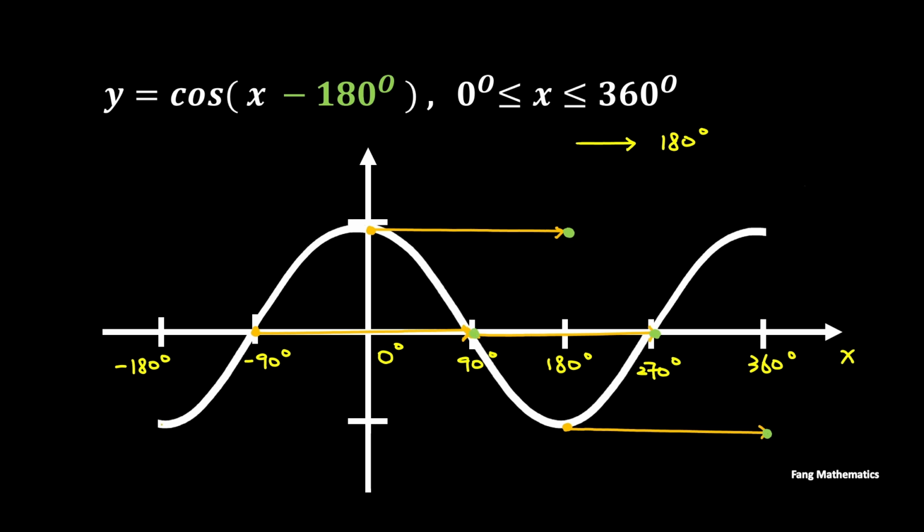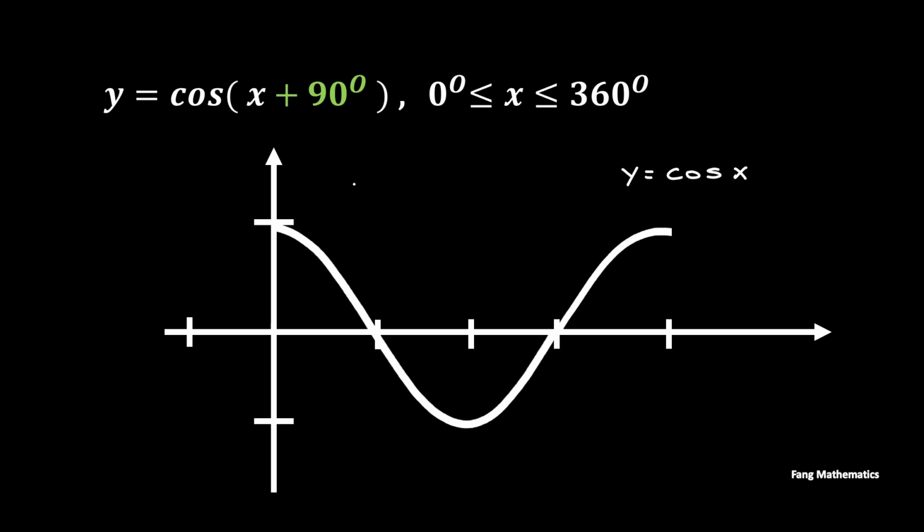The last, we shift this minus 180 degrees towards the right for 180 degrees, and you should land on 0 degrees. We start from 0 degrees and connect the green coordinates we have. And this green graph should be your new graph.